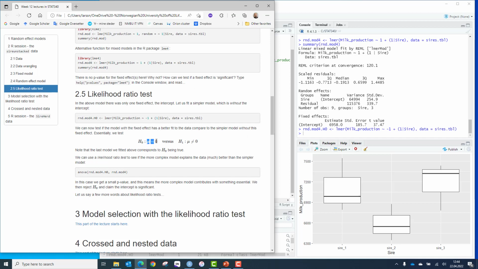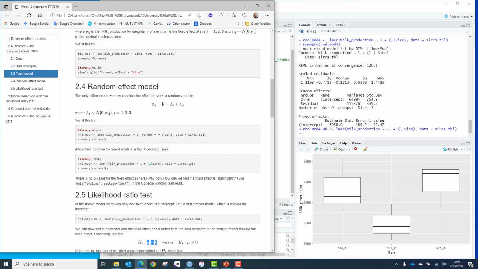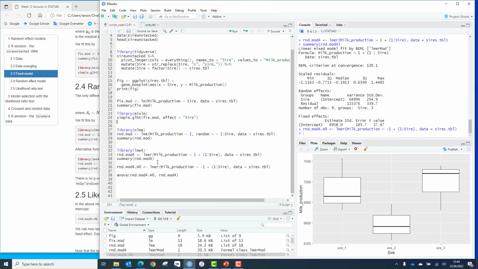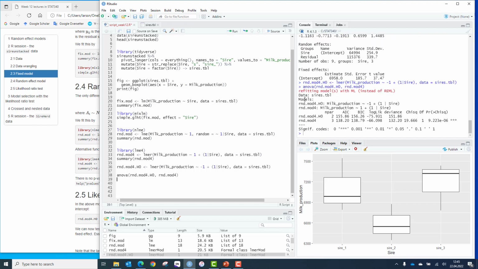If the null hypothesis is true, then there is no mu. This one disappears from the equation. So we have only the two variances left here in this first model. That's the simplest one. This one is slightly more complex, because it has the same two variances, but in addition it also has mu, the intercept.